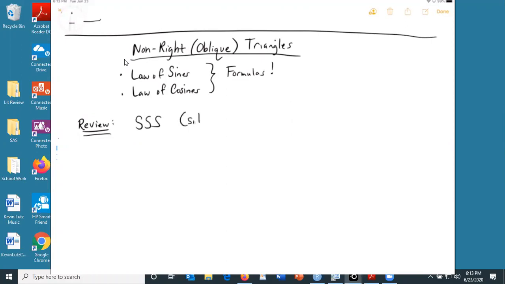That stood for side, side, side. So let's call that number one. What that means is that you know the lengths of all three sides of the triangle.